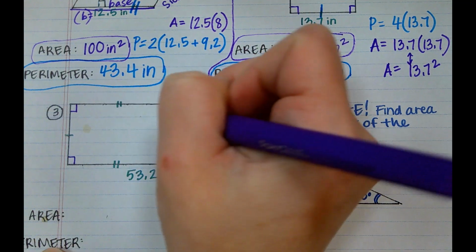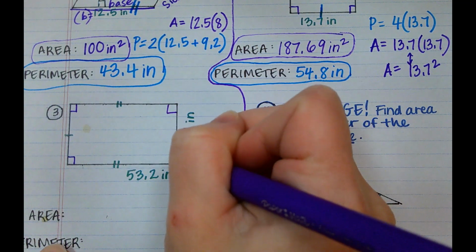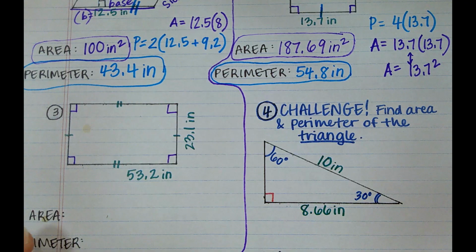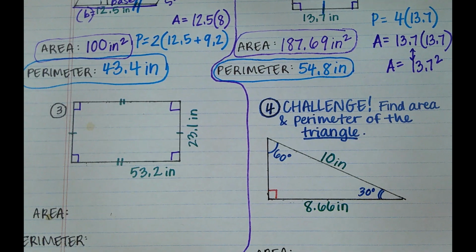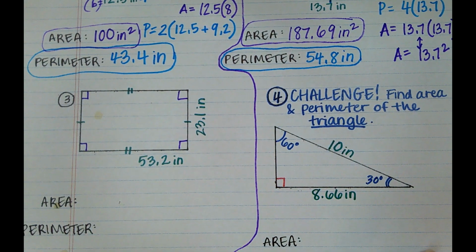These also have 4 90-degree angles that I didn't tell you, but I should have. They're 90 degrees, so I put little boxes in the corners. So, let's find the area. How do I do that?